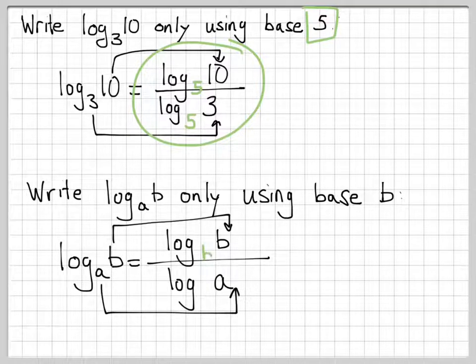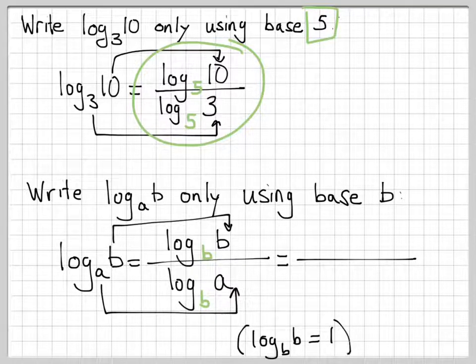And remember, our new base is b. And here's an interesting thing that happens. If you remember, log base b of b is always 1. And so the top is 1. And the bottom is log base b of a.